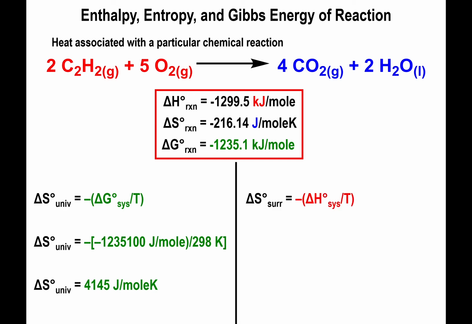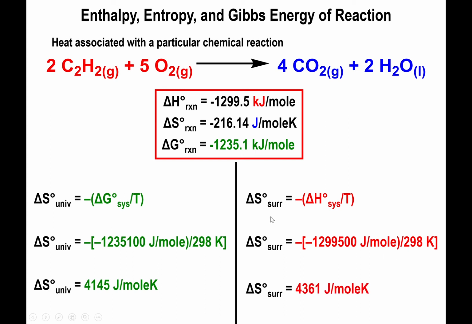We can also find the delta S of the surroundings by dividing delta H of the system by temperature and multiplying by -1. And much like delta G, we change the kilojoules to joules, multiply by 1,000, divide by 298 Kelvin, and the negative becomes positive. So this is delta S of the surroundings, which is also positive.